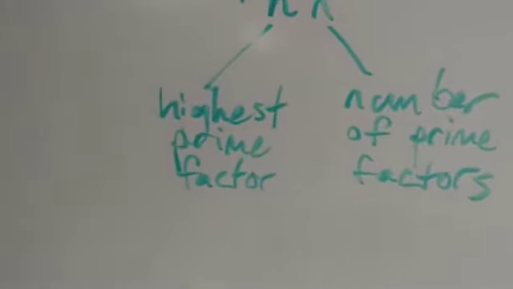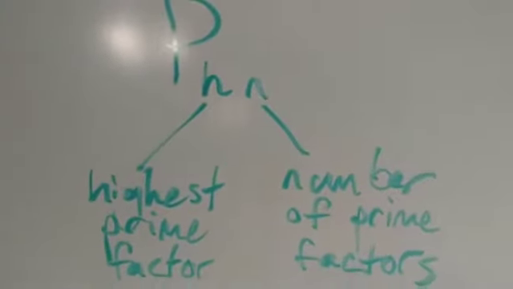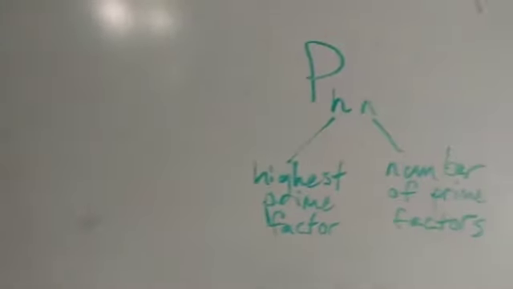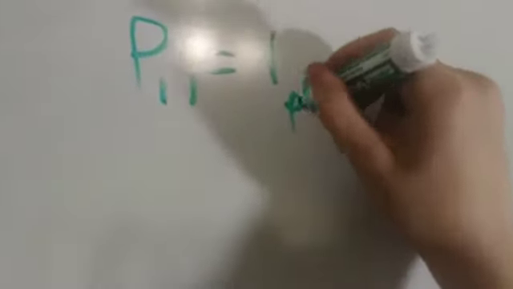And so we will write out the sequence in a much shorter way. So we start with P11, which means the highest prime is the first one, and the number of prime factors is 1. And so P11 is 1 in the PFB, prime factor base, which is 2 in base 10.